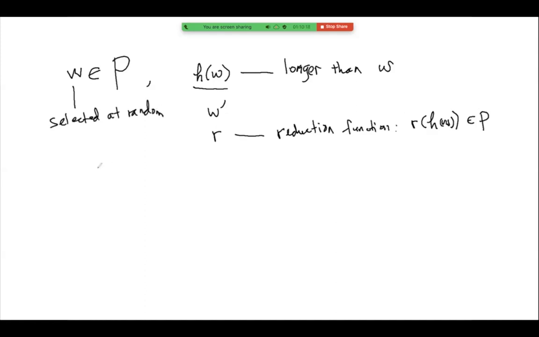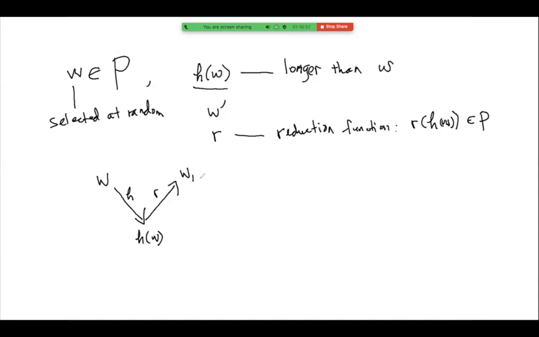Then I'm going to start from W and apply H. What I get is H of W. Then I apply R, and let's say I get W1, which I hope is in P.